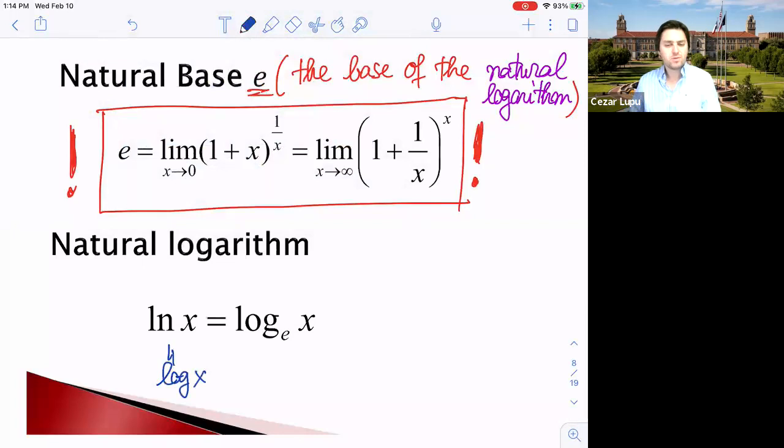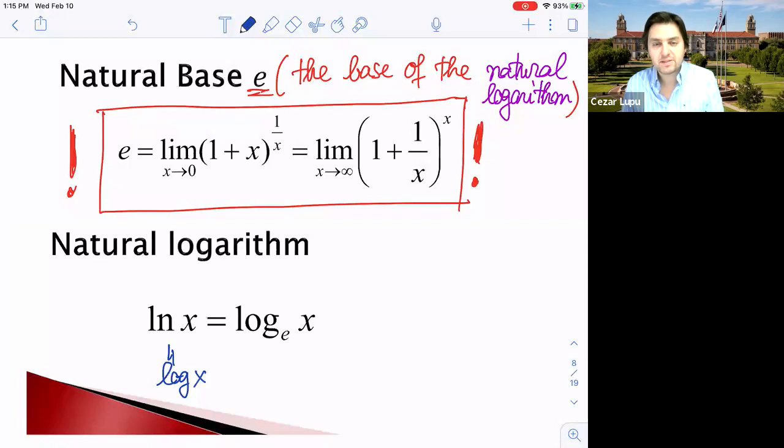It doesn't matter, but usually in this class, I think we'll stick to ln of x so that things will be clearer, so that you would not mix it up with log in base 10. So ln of x is nothing else than the logarithm in base e of x. So keep that in mind from now on.